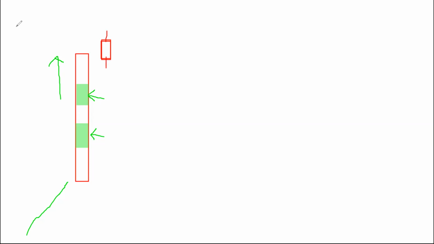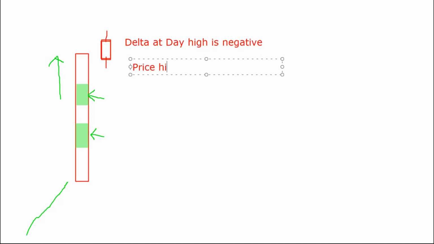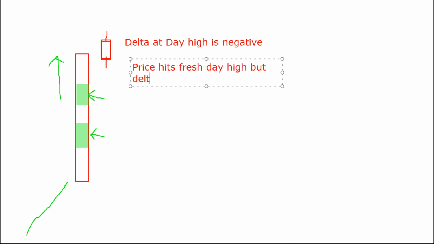If you look at the delta from the order flow charts, delta at day high is negative. In that case, price hits a fresh day high, but delta turns really negative. So that is one form of a delta divergence.